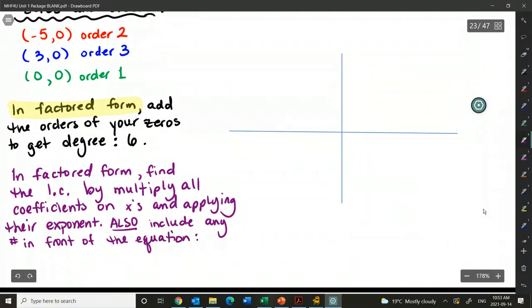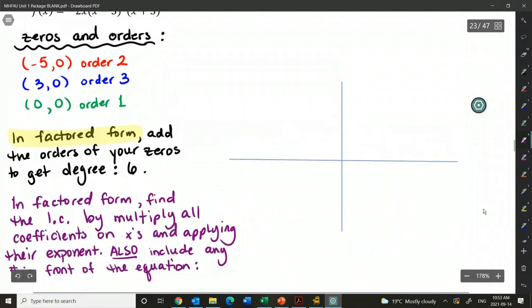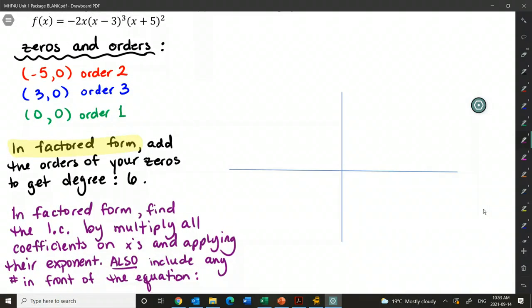So what do I mean by this? Coefficients on x's are the numbers in front of the x's. Here is a coefficient on an x, -2. What's the coefficient on this x? 1. And same thing here.